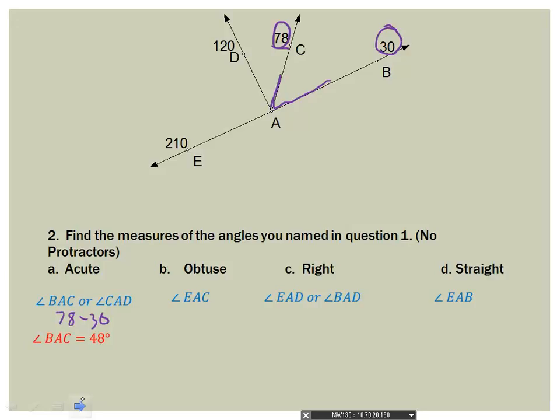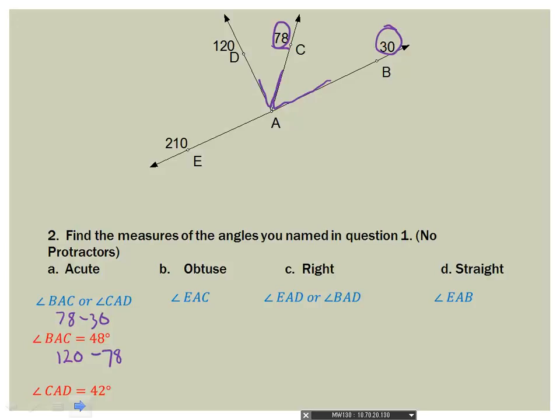So all we have to do is find the coordinates and find the positive number difference between them. Angle CAD, so this would be 120 minus 78, 42. Nothing too hard there. Obtuse, angle EAC.